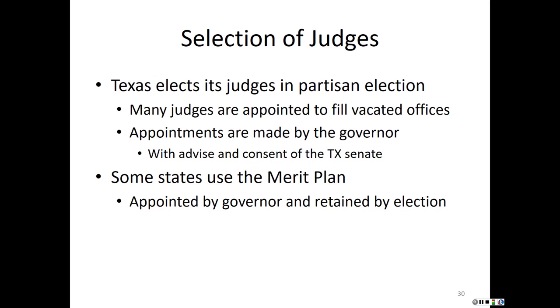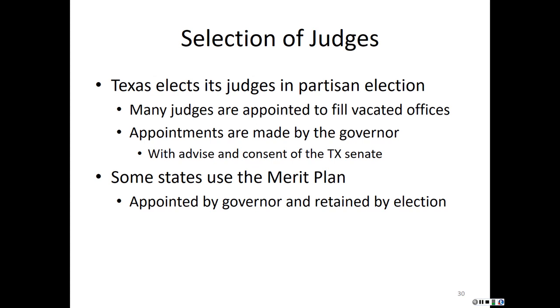Under the merit plan, the only way onto the bench is you are appointed by the governor. You serve your first term. Then after your first term, you are running for re-election, but you are not running against an individual. You are just running to stay in that position.